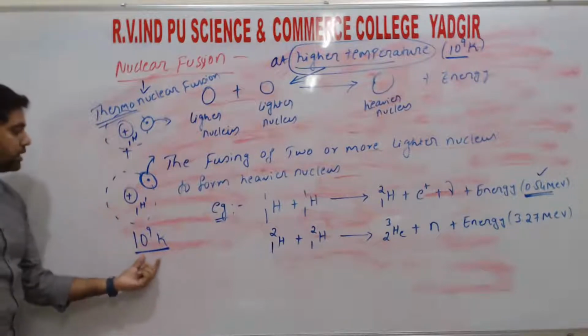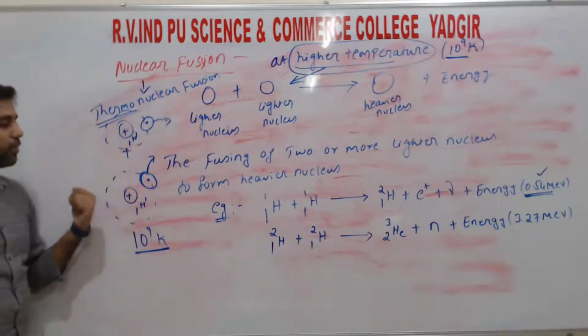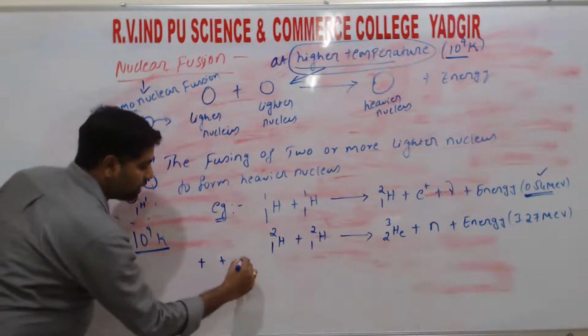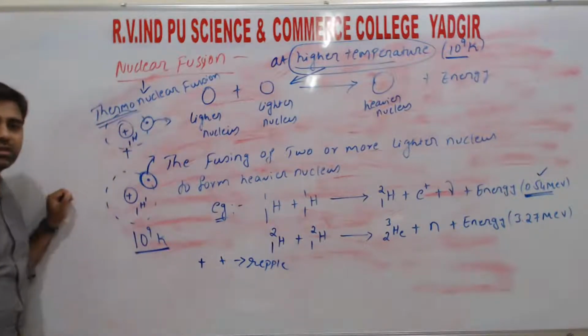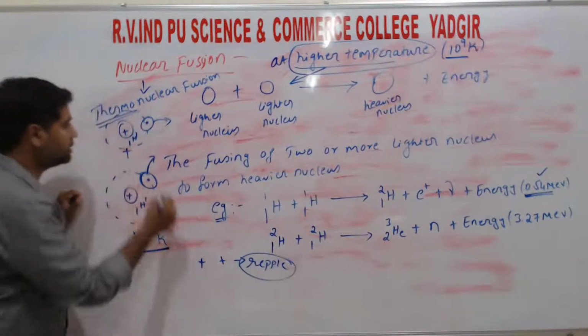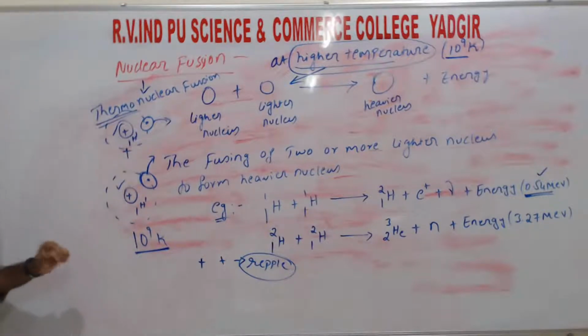So at this temperature, these two nuclei are positively charged, right? From electrostatic Coulomb's law, like charges always repel each other. To overcome this, that means here the nucleus is positively charged and here also the nucleus is positively charged.